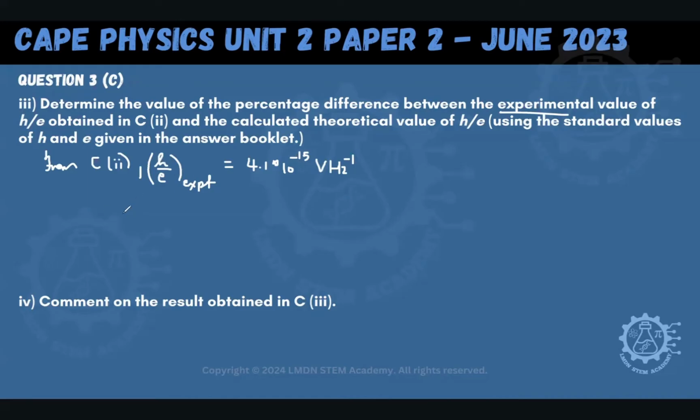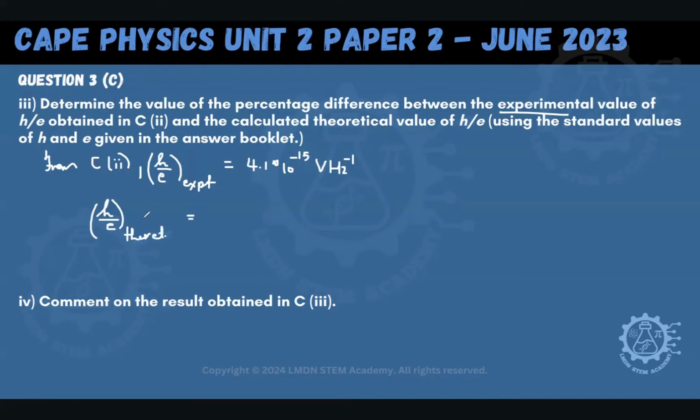Now we have to find H over E theoretical, and we have to consult our data booklet. We're going to look at the very first page, which we're provided within the exam, to get the theoretical one.